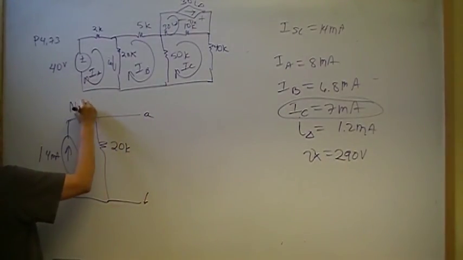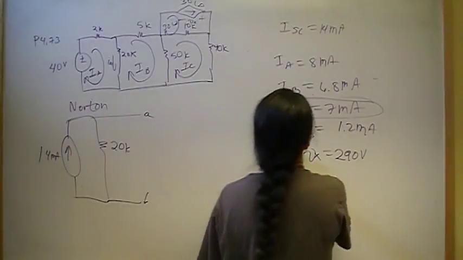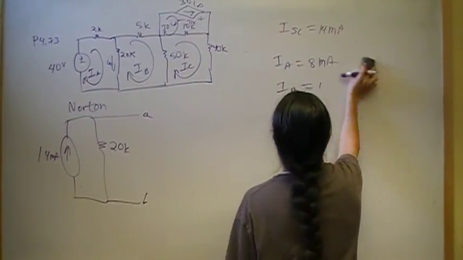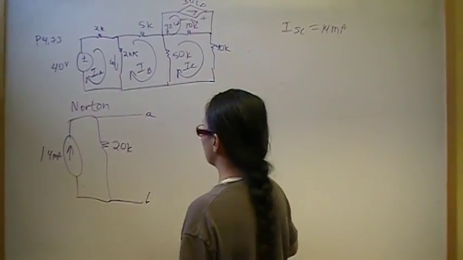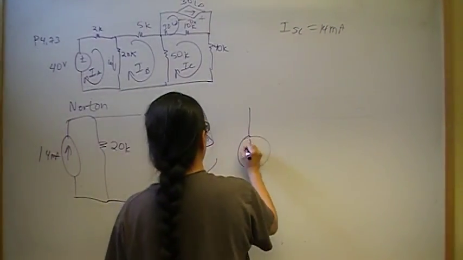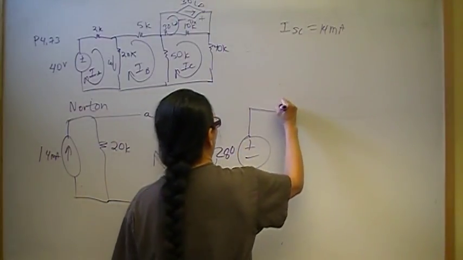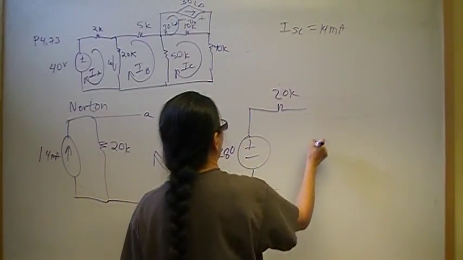That's Norton. And to find the Thevenin is just a source transformation, but we already found V Thevenin in order to find R Thevenin. They're source transformations of each other, and we found that that was really 280 volts, and we know R Thevenin is 20K.